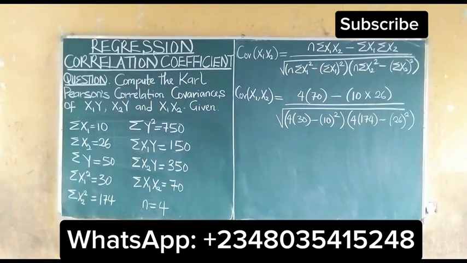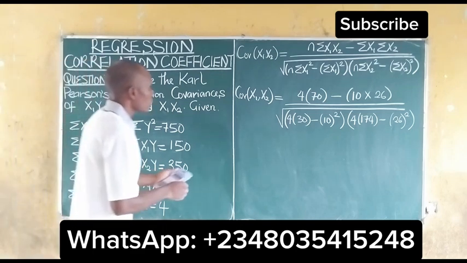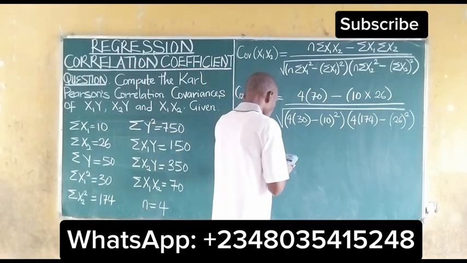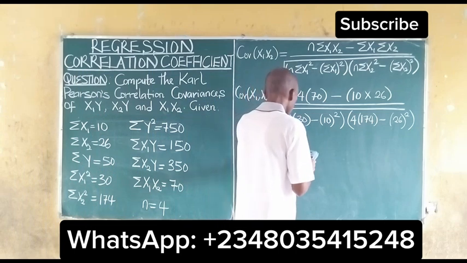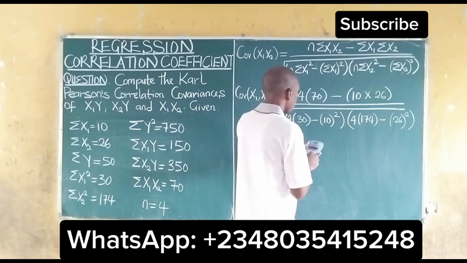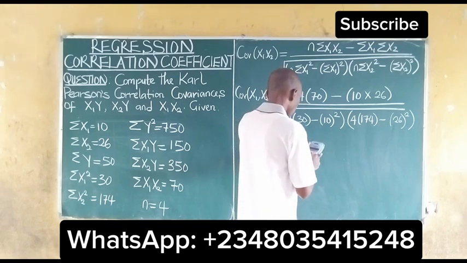We'll now use our calculator to check. The first one will give us 4 multiplied by 70 minus 10 multiplied by 26.